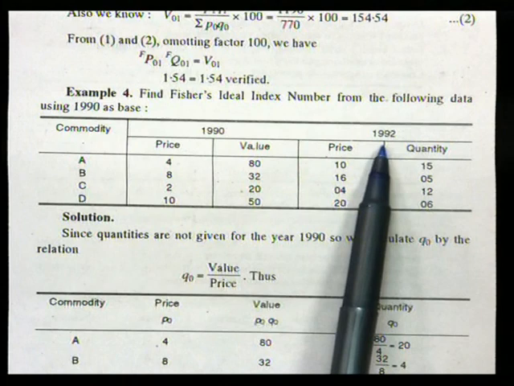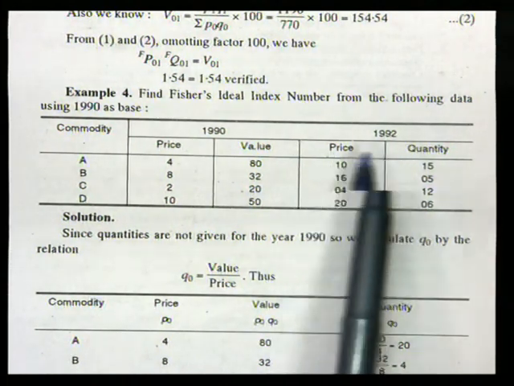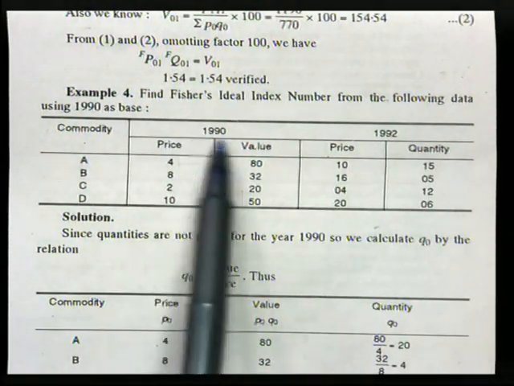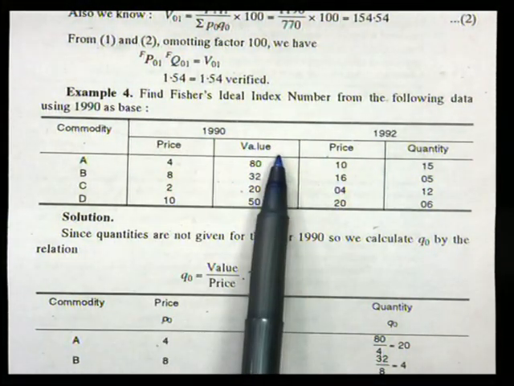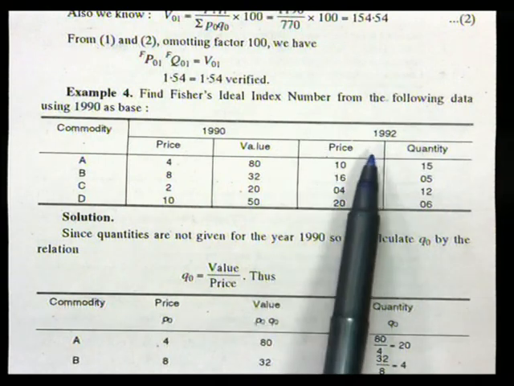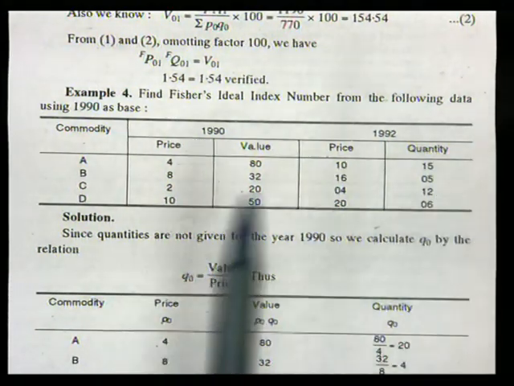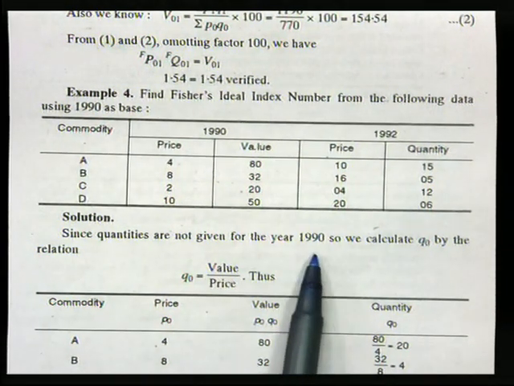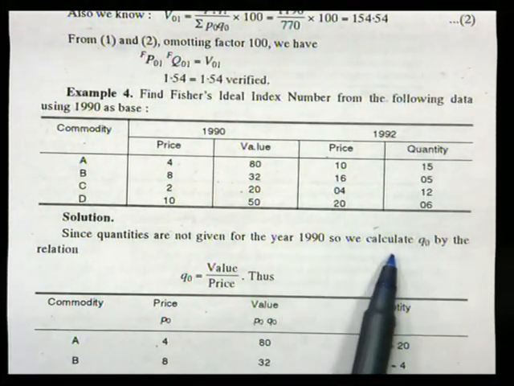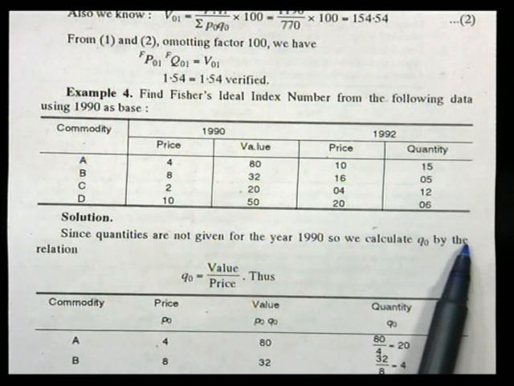In the same way for the current year, that is 1992, we are given price and quantity. Now you can understand 1990 is the base year, so this is P0, this is value, Q0, this is P1, this is quantity Q1.